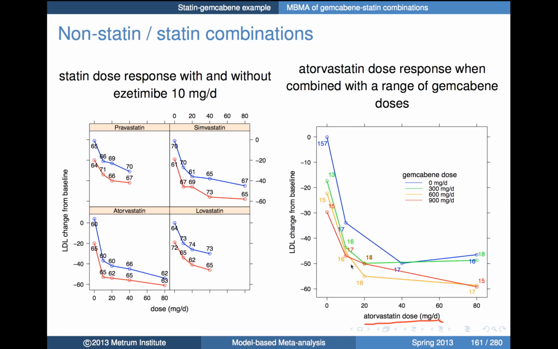The different curves correspond to different doses of gemcitabine being added to it. So the green curve corresponds to 300 milligrams per day of gemcitabine added to the atorvastatin doses. The red, the 600 milligrams, and then I'm sorry, wrong way. The yellow is the 600 milligrams, and the red is 900 milligrams per day in here.